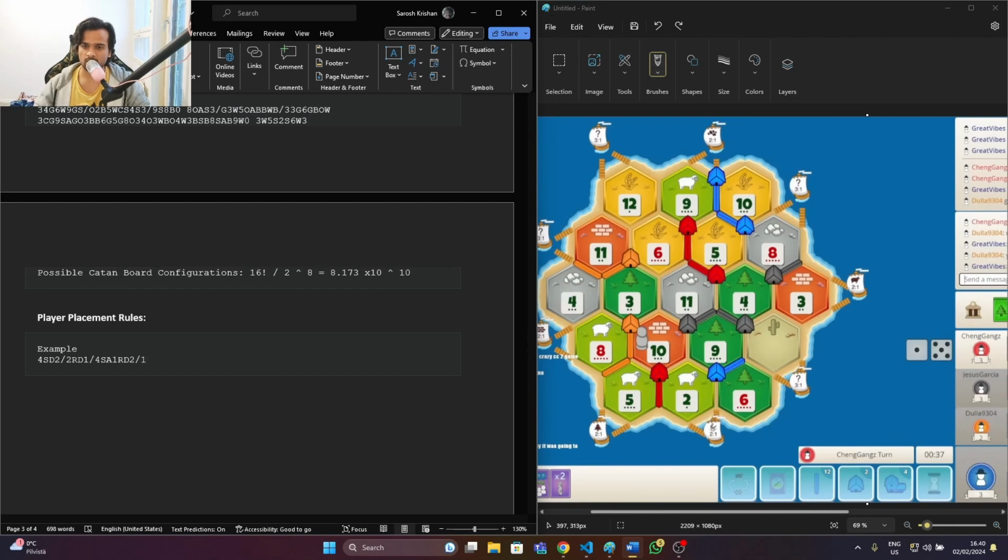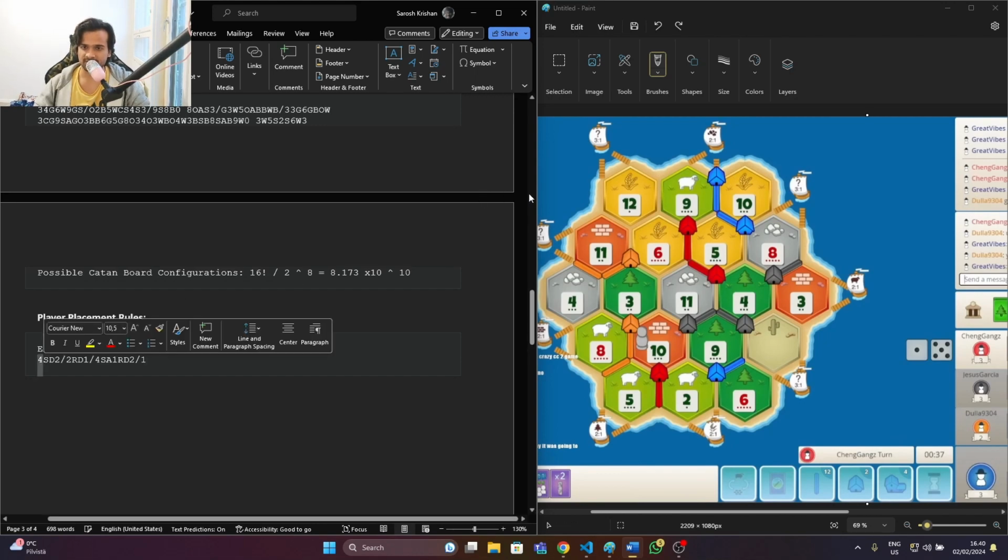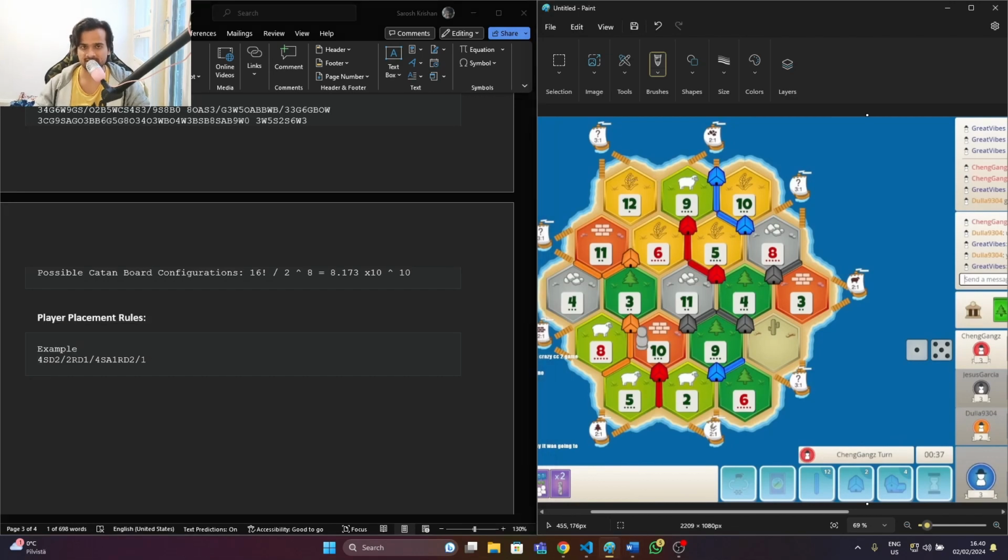So the settlement is always going to be at the lower side. So if you're going from here, it will be after the spaces. So after the 4 empty spaces, there's going to be a settlement. And for the vertical ones, it's always going to be at the bottom because the top is always counted for in the previous rank.